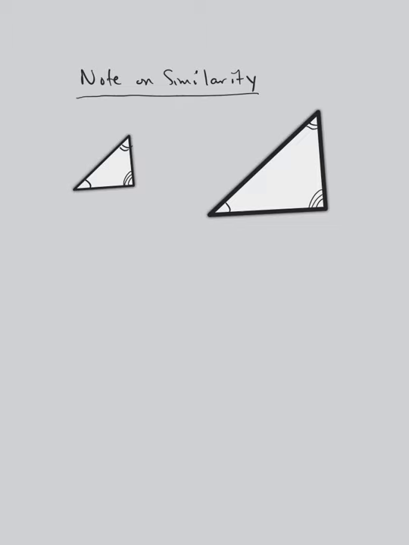Okay, and so say I label this side A, this side B, this side C, and then just keep following the alphabet here. Okay, now if you remember from last time, whenever we talked about similarity, we said that ratios of corresponding sides are equal.